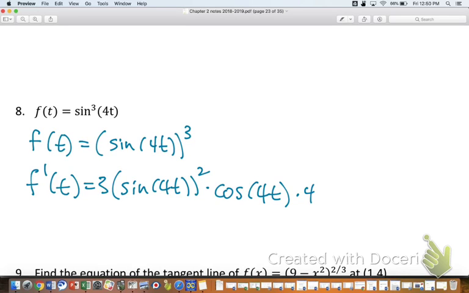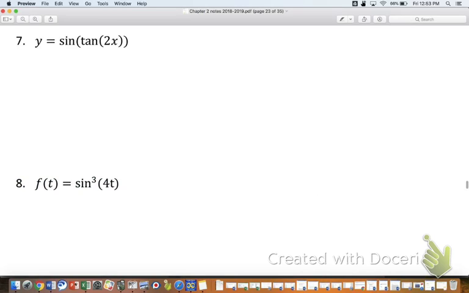I have a question, going back to number 7. If instead of tangent in the middle we had secant, where the derivative is secant x times tangent x, how would you write that when you plug in the inside? Okay, so let's write this out. You said, what if it was y equals sine of secant of 2x?